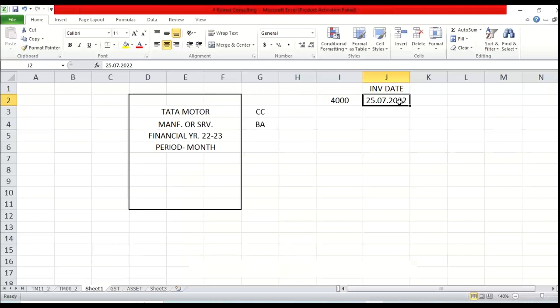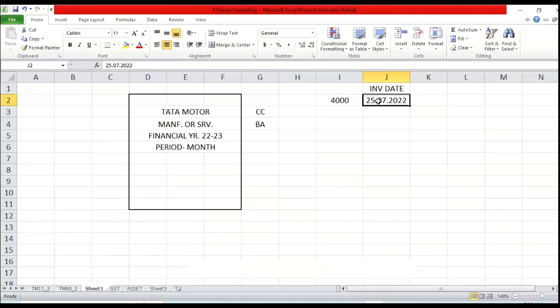So when the invoices are received, in every organization there will be one reception counter, right? When the courier guy came and gave whatever the post was, they have given it to the reception counter.